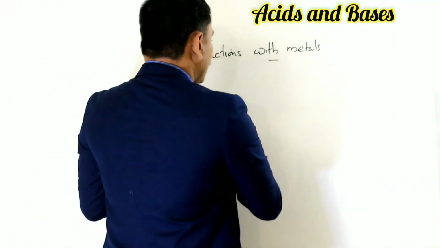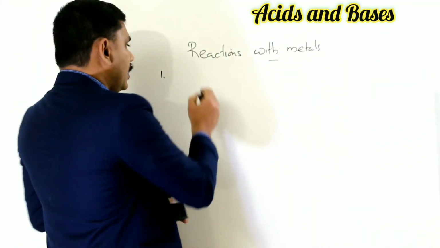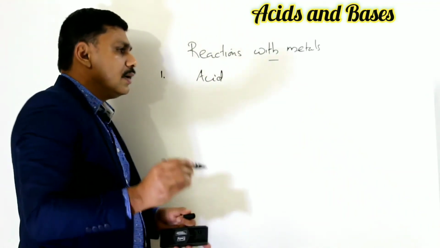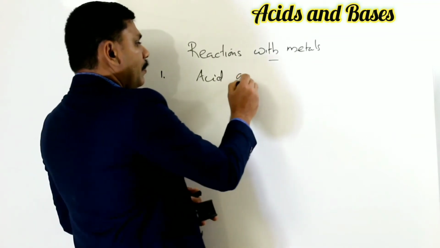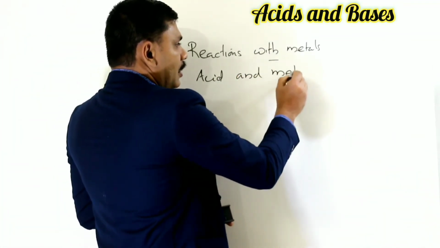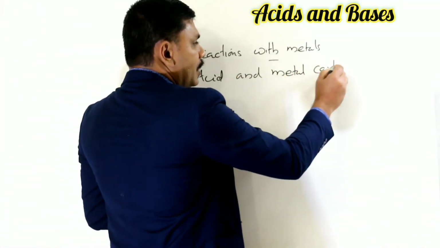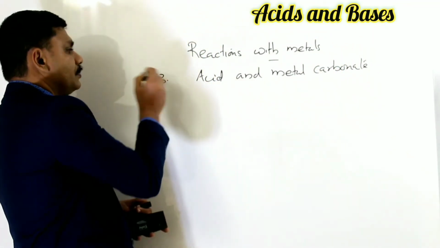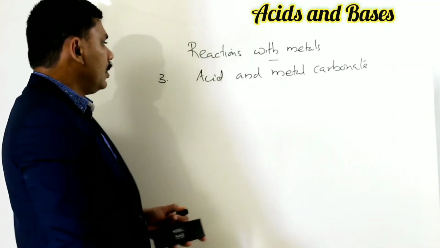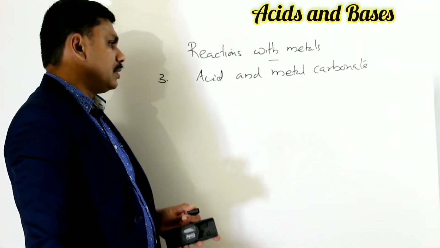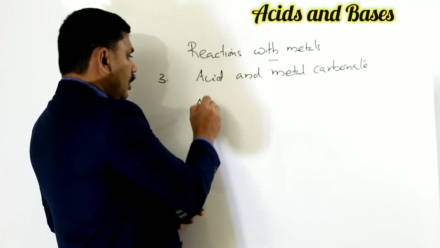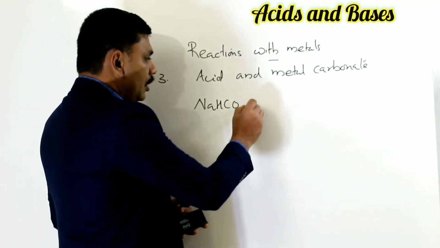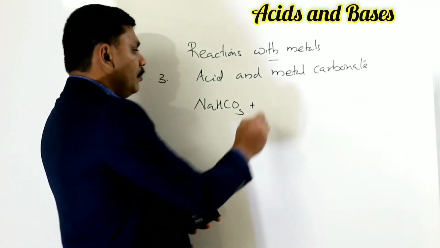Then third, an acid and metal carbonate. For example, NaHCO3 plus HCl.